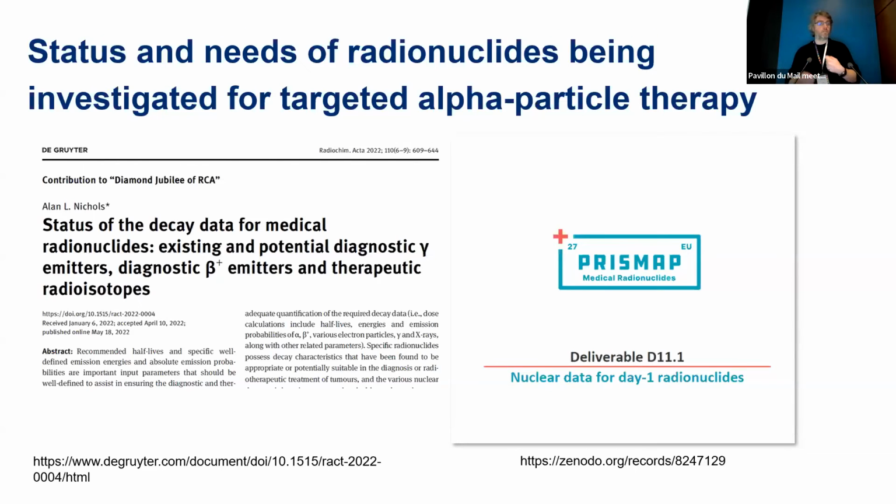It mainly focuses on nuclear decay data for day one radionuclides, but it has some that aren't in the Alan Nichols review, and it has some extra recommendations. You can find those at these different links. If you want to see the current state of your favorite radionuclide, maybe go and have a read.